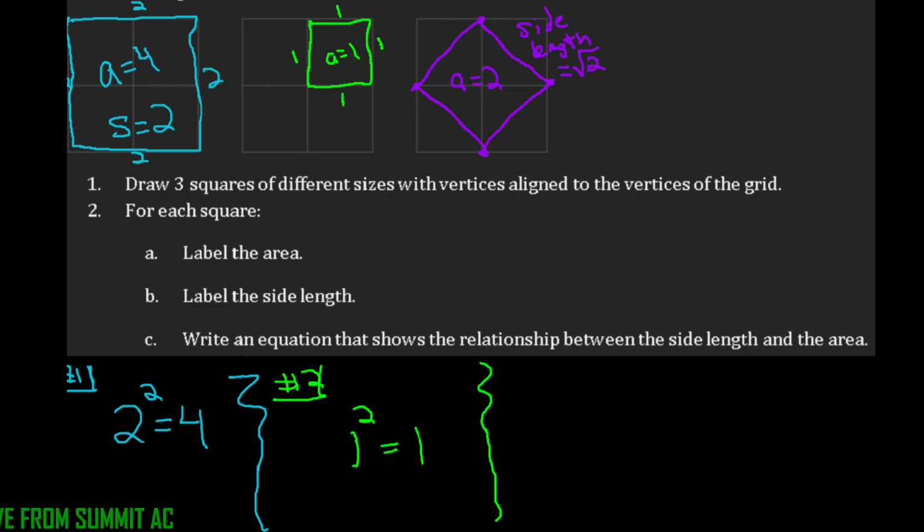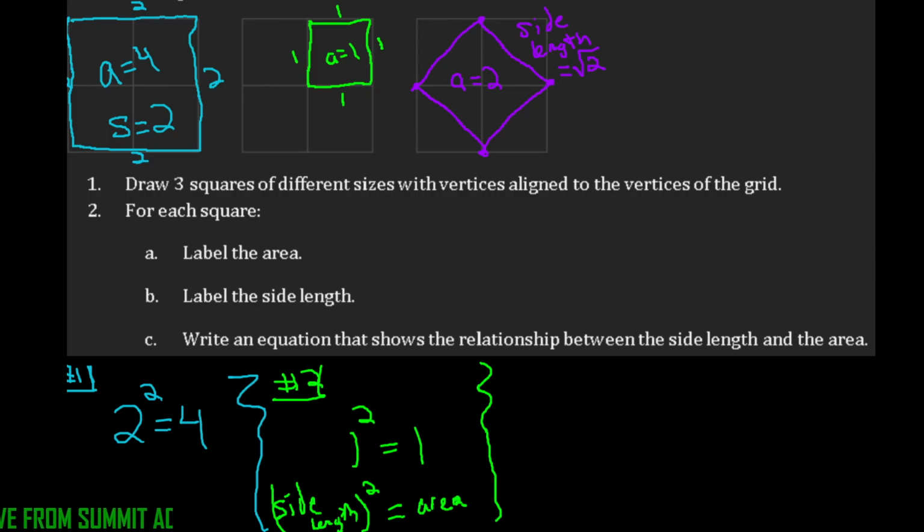So again, you're just saying my side length squared is equal to my area. That's the relationship that we're showing here.